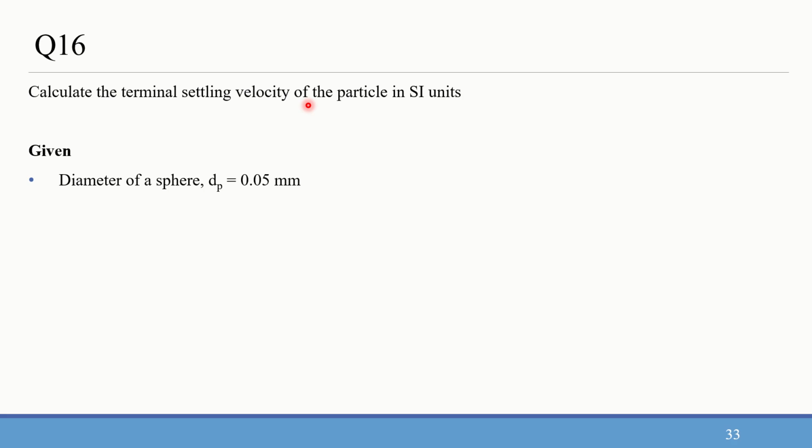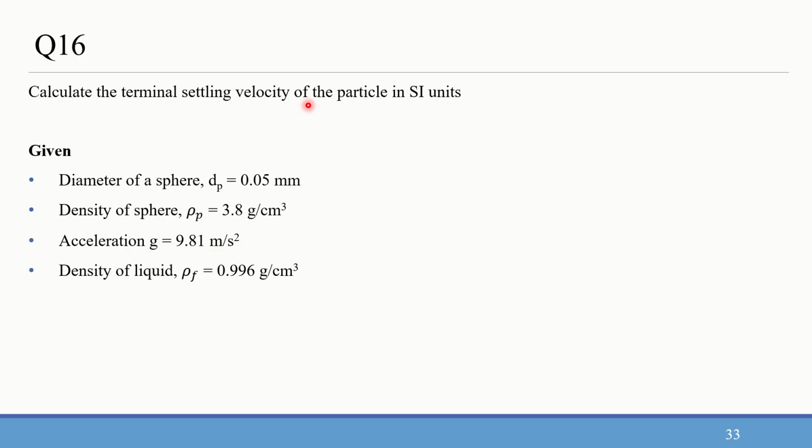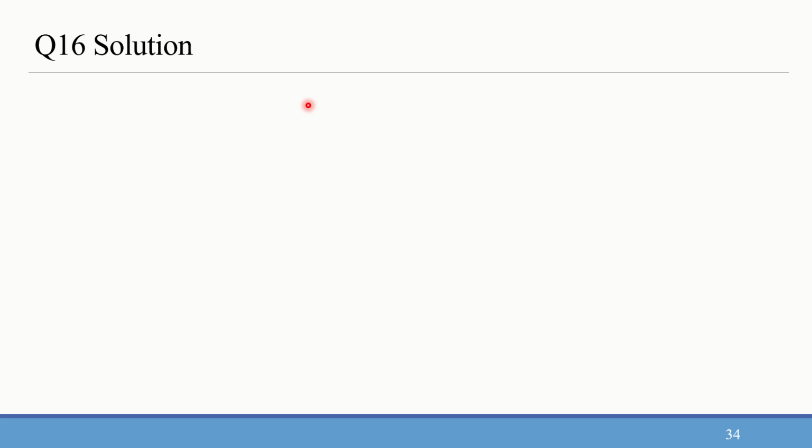We are given that the diameter of the sphere is 0.05 mm. Density of sphere is 3.8 gram per centimeter cube, and acceleration is 9.81 meter per second square. Density of liquid is 0.996 gram per centimeter cube, and mu f is 0.00801 poise.